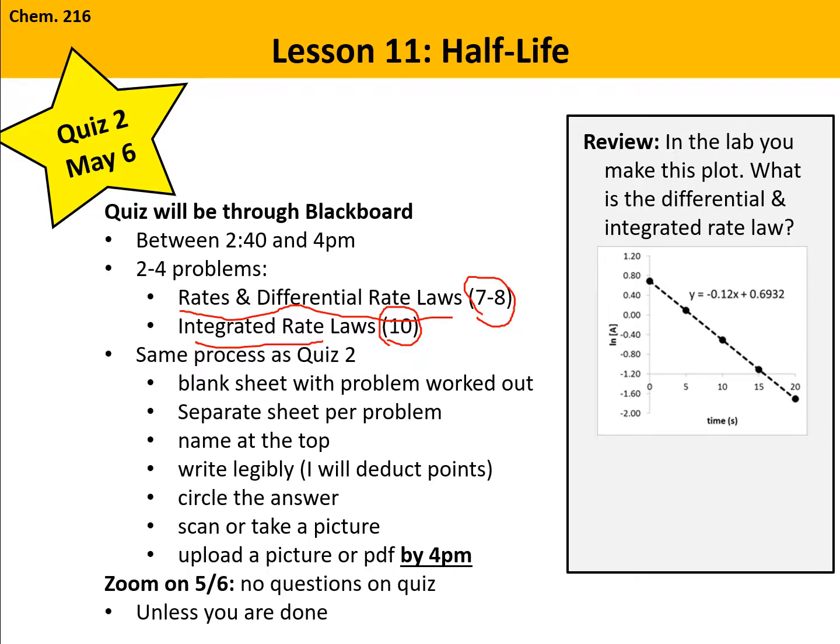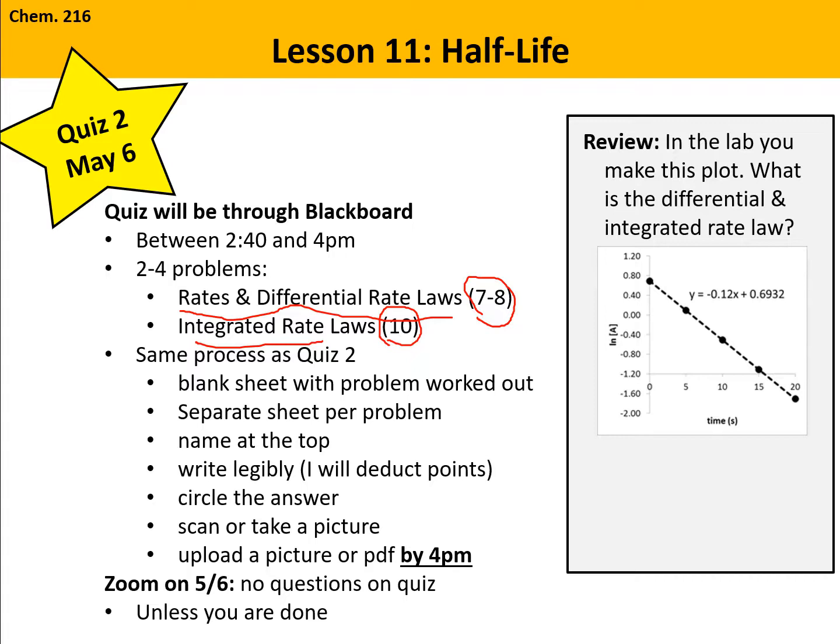Okay, review. Last time we talked about integrated rate laws, and integrated rate laws allow us to relate the concentration to time. And the nice thing about this is, if we do different plots, we can tell what type of rate law it is based on when it has a straight line.